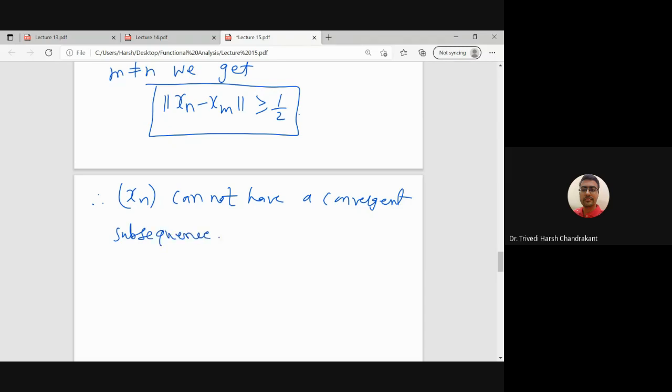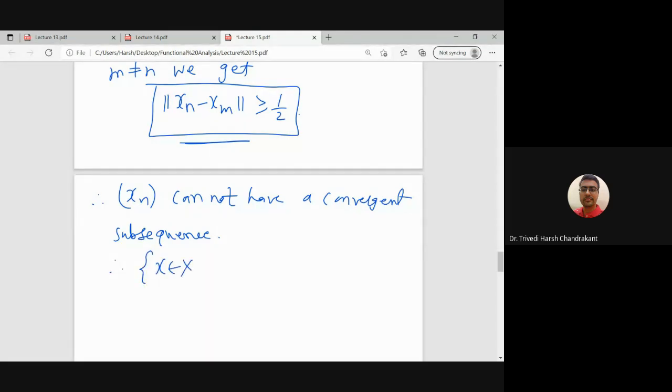Because if xn has a convergent subsequence, then in that subsequence the elements will be as close as we like. But this equation says that the elements are at least half distance away. So it cannot have a convergent subsequence.